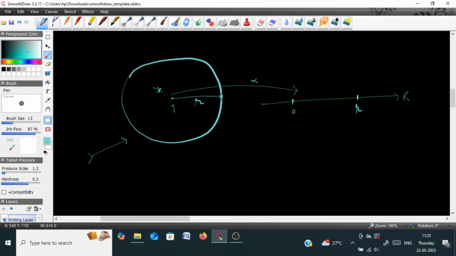But between 0 and r, this arrow can hit any point, and accordingly the distance of this point from the center of the circle is continuous. So in such a case, the probability of getting X equal to some point r naught is definitely 0.